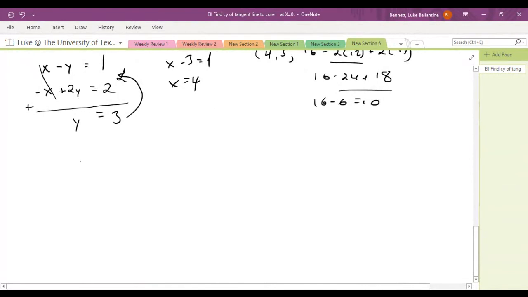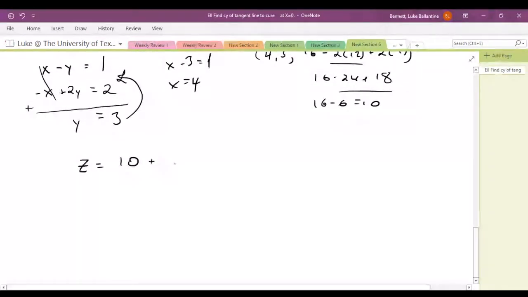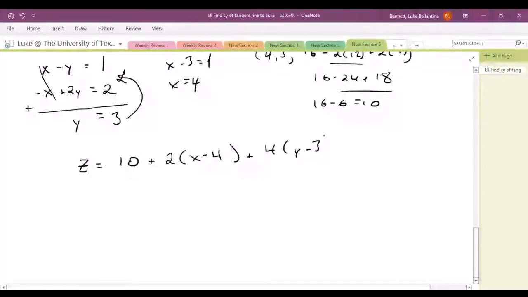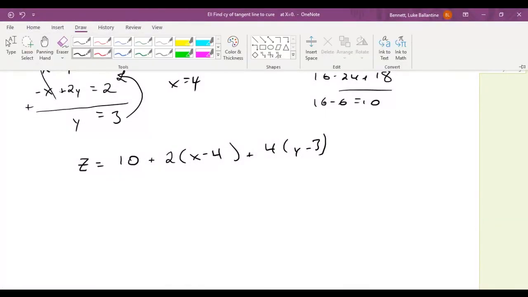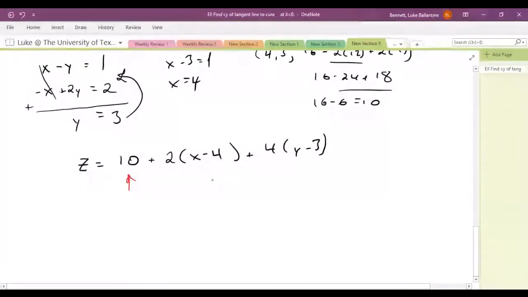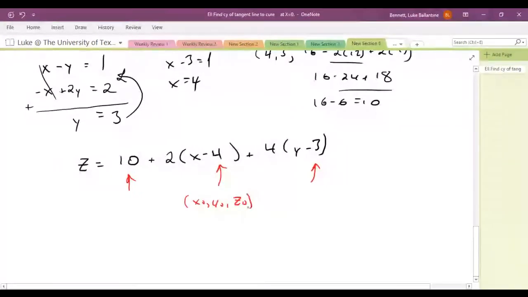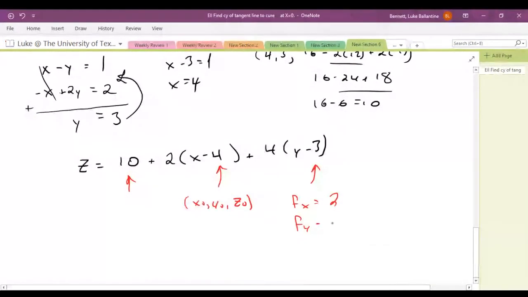Okay, so we have z is equal to 10 plus 2 times x minus 4 plus 4 times y minus 3. The only things that we needed to find were x naught, y naught, z naught, because f sub x was given to be 2 and f sub y was given to be 4.